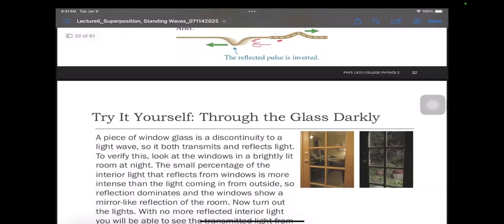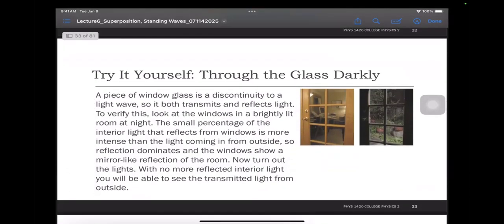Try it yourself: through the glass darkly. A piece of window glass is a discontinuity to a light wave, so it both transmits and reflects light. To verify this, look at the windows in a brightly lit room at night.